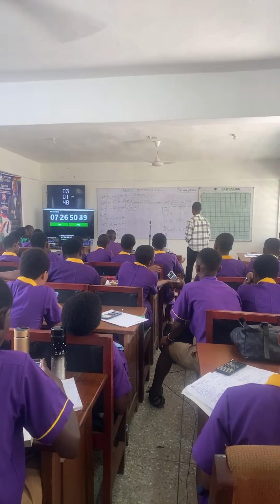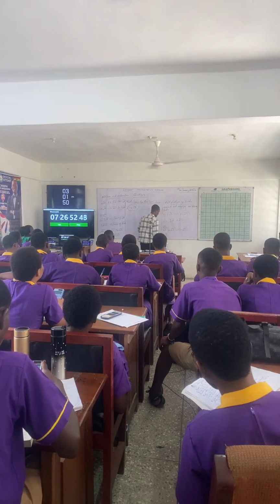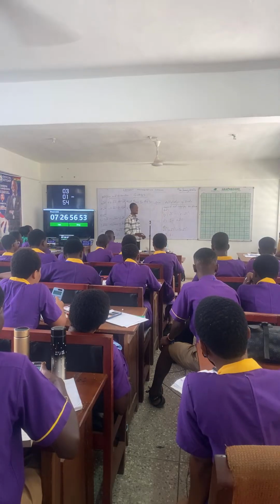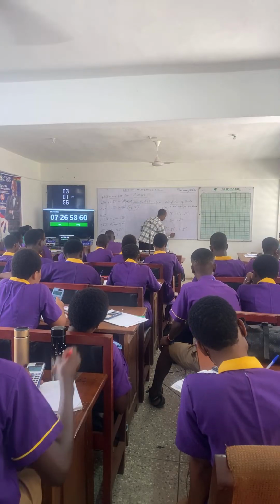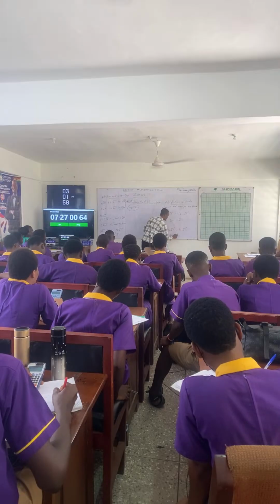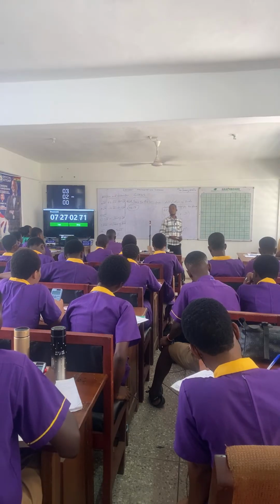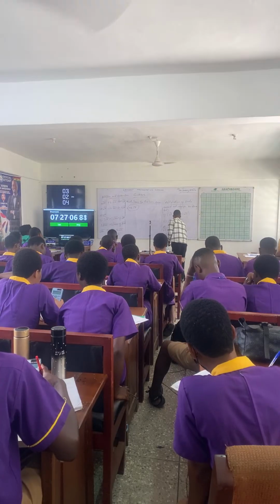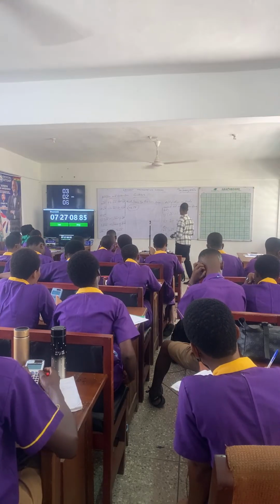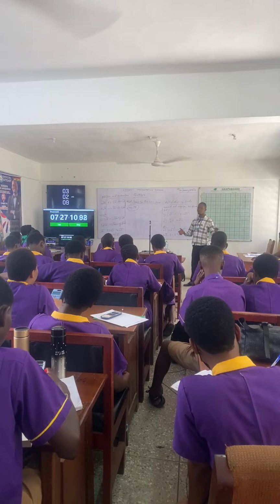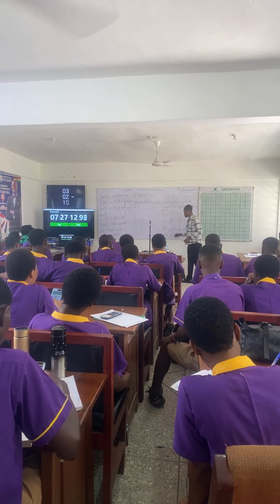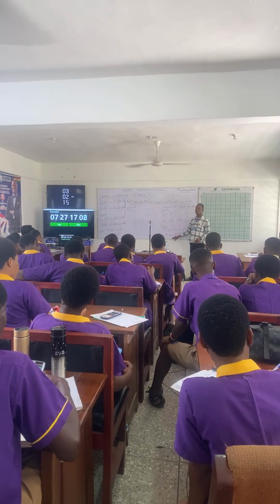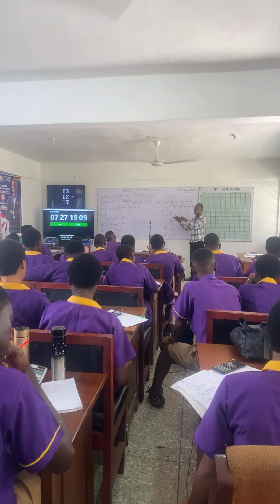So root 3 multiplying negative root 3 will give you negative 3. Then negative 1 times 2 gives negative 2, and negative 1 times negative root 3 gives root 3. Then let's simplify this. We have root 3 here, but this one does not contain any roots, so it is classified separately.